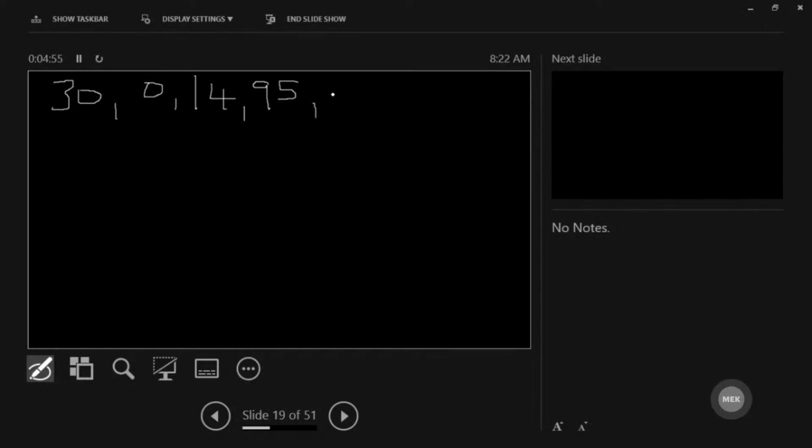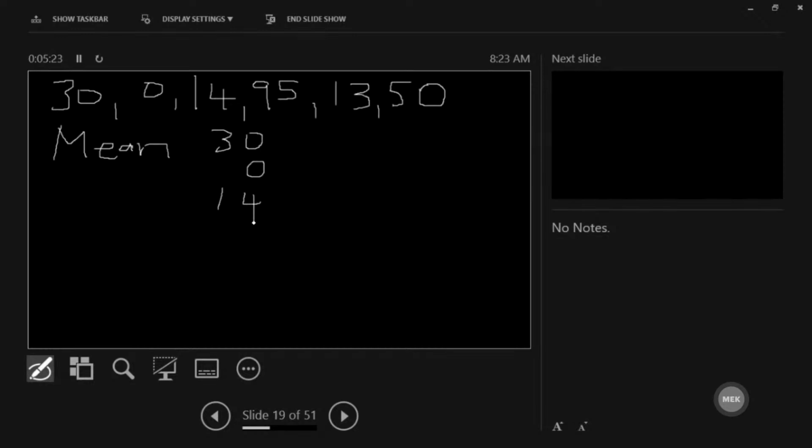So the range is 95. Remember, the range is the difference between the smallest and the biggest terms. So the mean or the average of this set of numbers would be 30 plus 0. We have to include that. It's one of the terms.